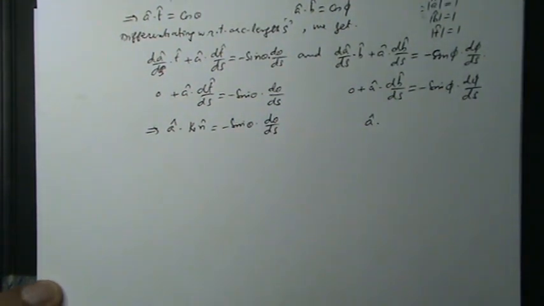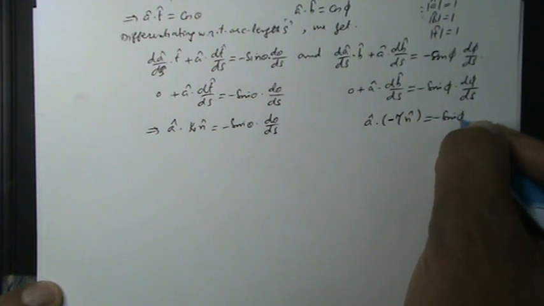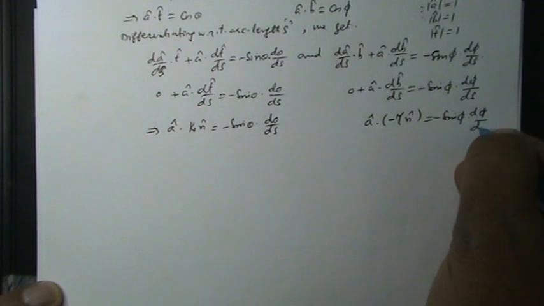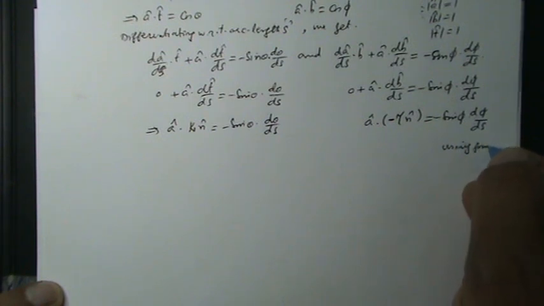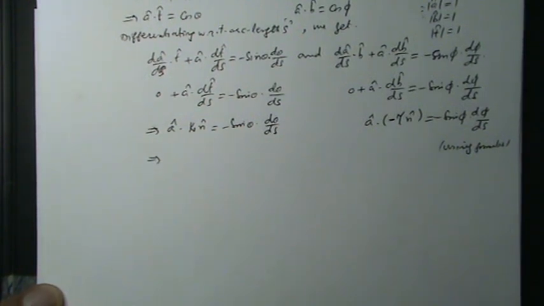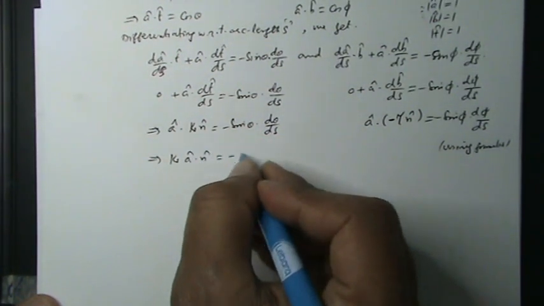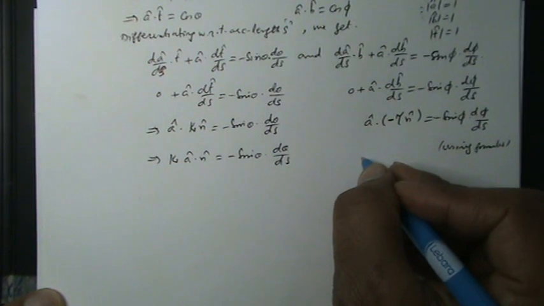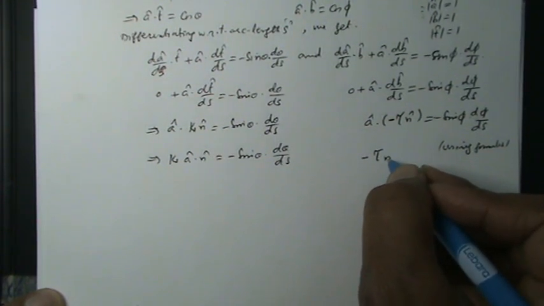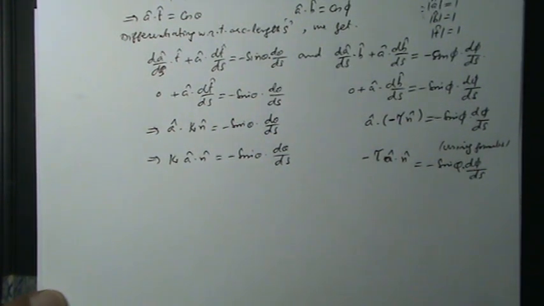Second formula, dB over ds equals minus torsion n unit vector, so minus tau A dot n equals minus sin phi d phi over ds.